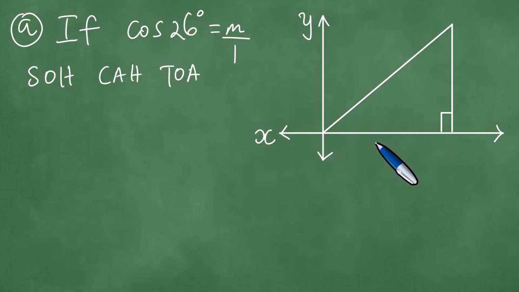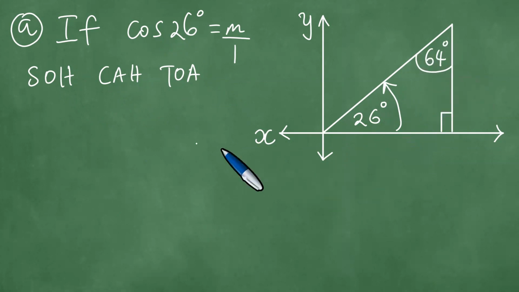SOHCAHTOA is clear that the cosine will be adjacent over hypotenuse. If this angle is 26 degrees, and this one is 64 degrees, like this, we have adjacent over hypotenuse, like so.